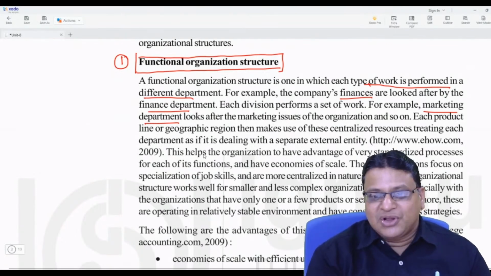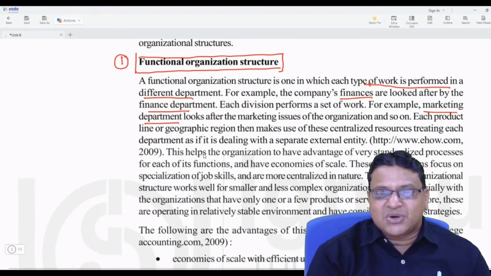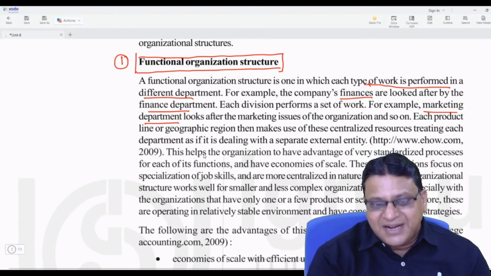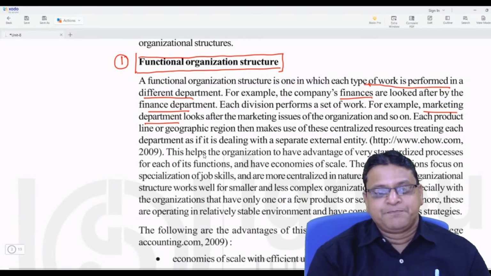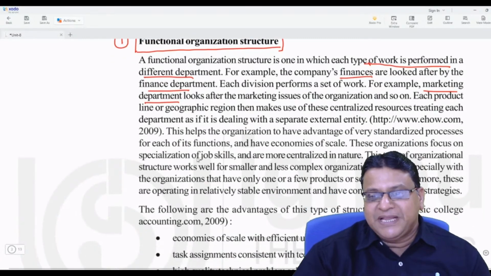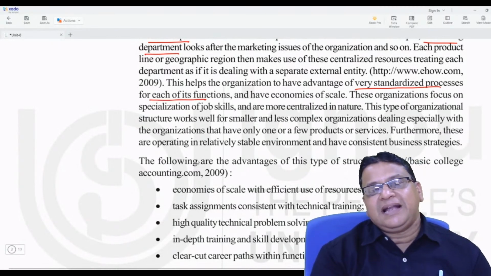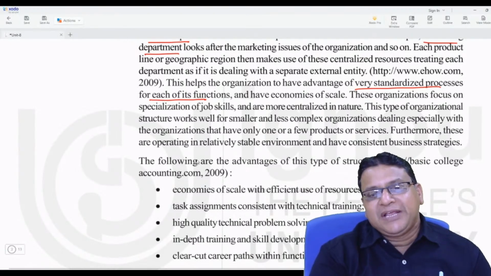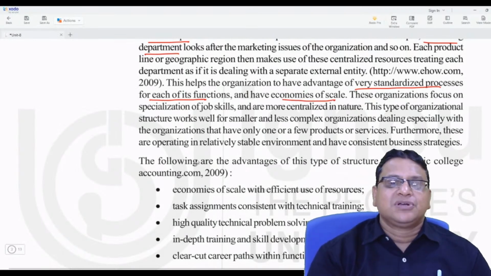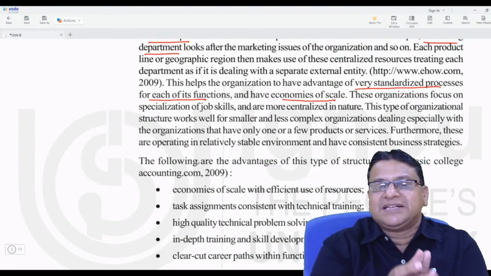And this structure has certain advantages, merits, and certain disadvantages. So we will study all these things. What are the advantages of this type of structure? The most important advantage is that there will be a standardized process for each function. And there will be economies of scale because all the finance works are done at one place, that is the finance department.